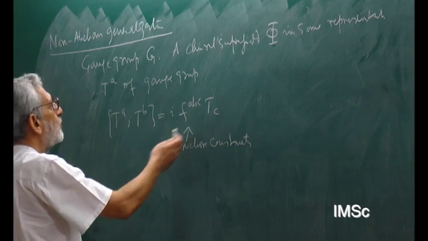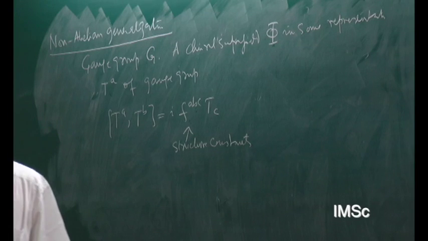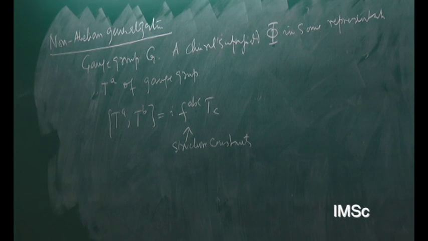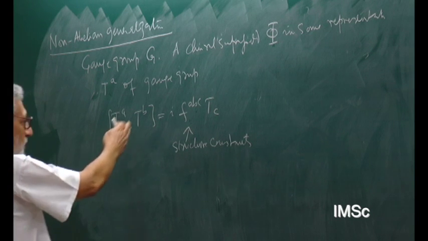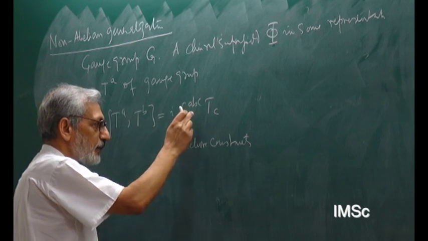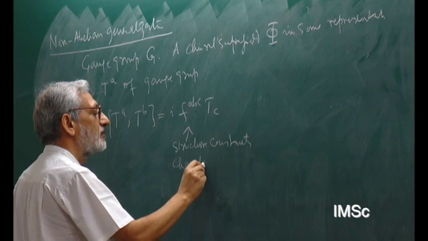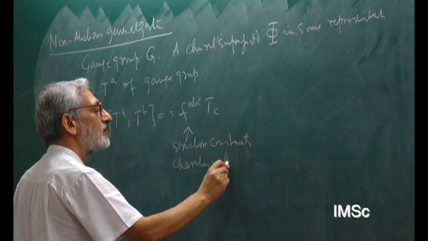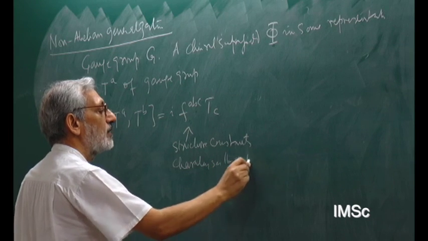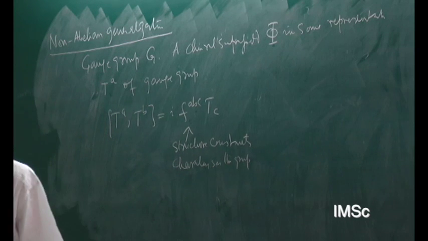This property is true for all generators of the group, that they follow this commutation relation, and this structure constant f^{ABC} characterizes the algebra of the group generators.